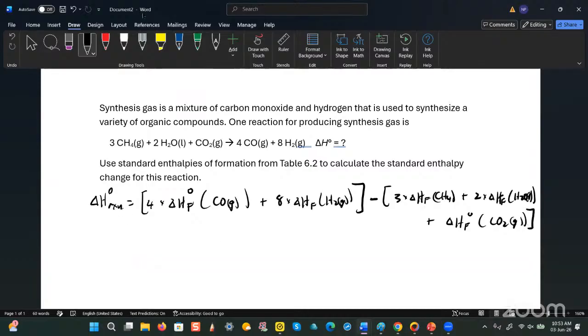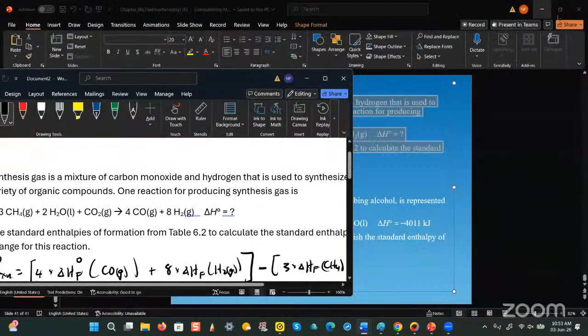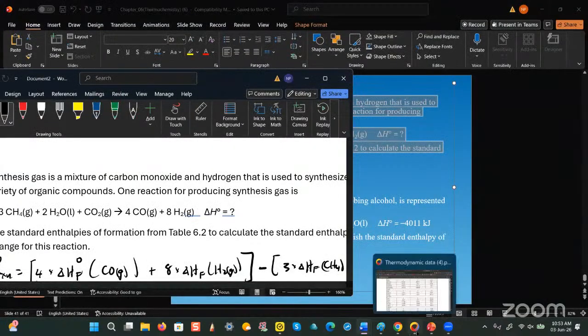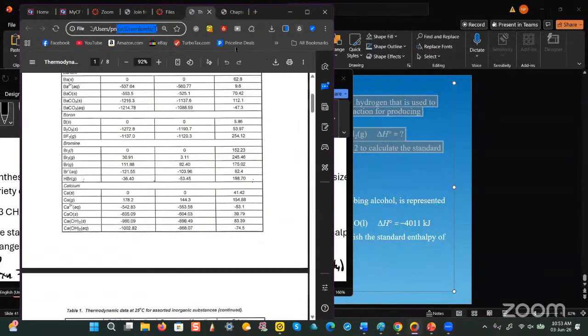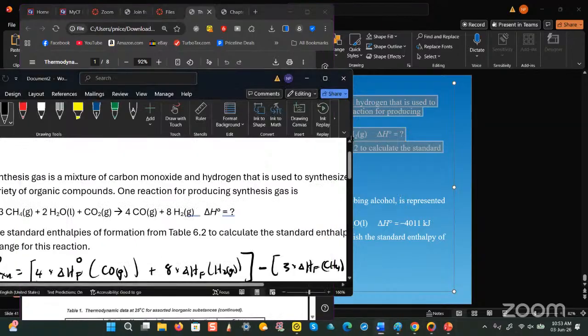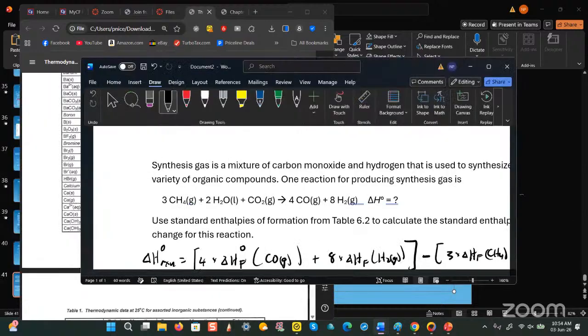So what we have to do now, see if I can share both of these on the same screen. That should make it smaller.